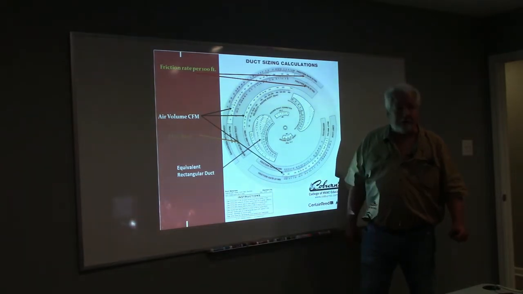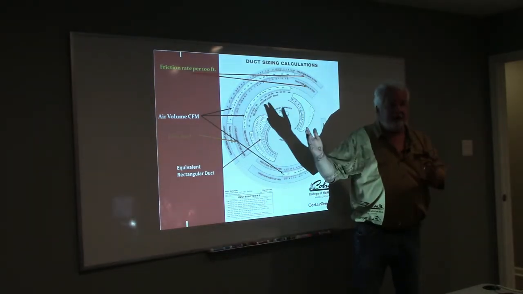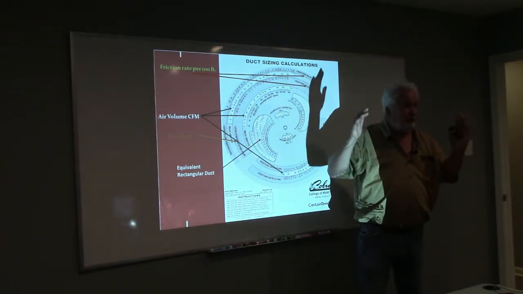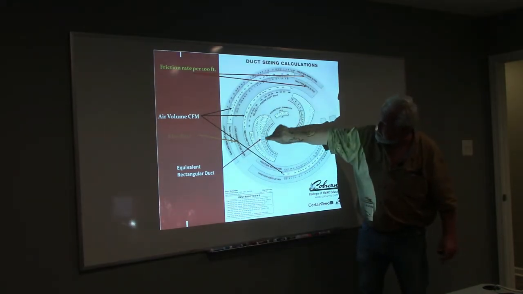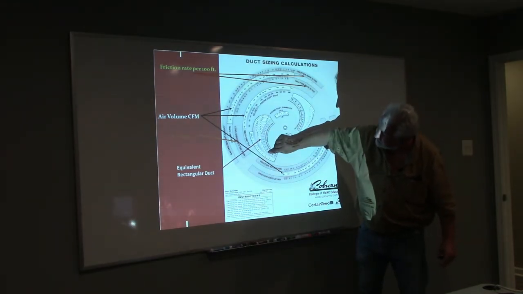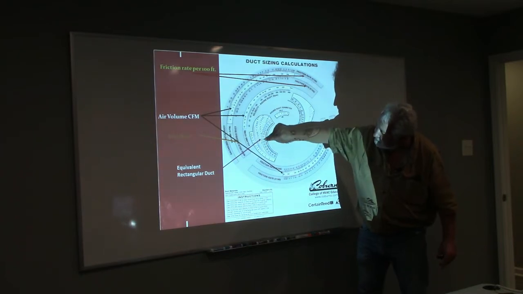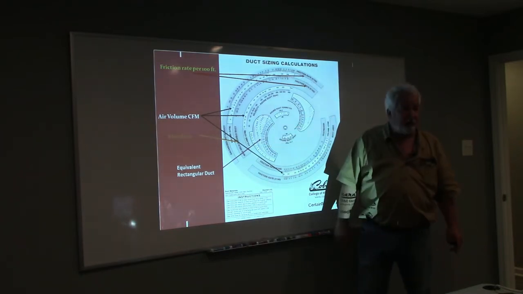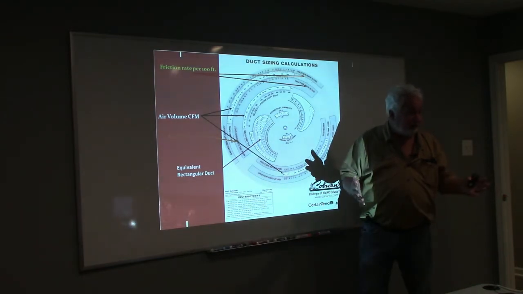Next one. Equivalent rectangular duct. If I have a rectangular duct, any type of a plenum or a trunk line or anything like that, I'm going to put it on here. If you see this 5 going over and meeting up with this 12 right here, that would be a 12 by 5 metal duct with no lining on the inside.